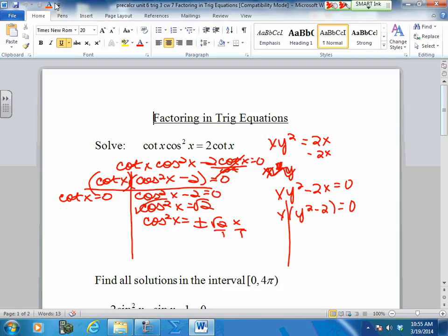Anything wrong with that picture? When I put this over, well, square root of 2 is about 1.4. Can't be more than your radius, right? So the cosine is out of our -1 to +1 range. We don't have an angle that has this cosine. So therefore, we reject this part.